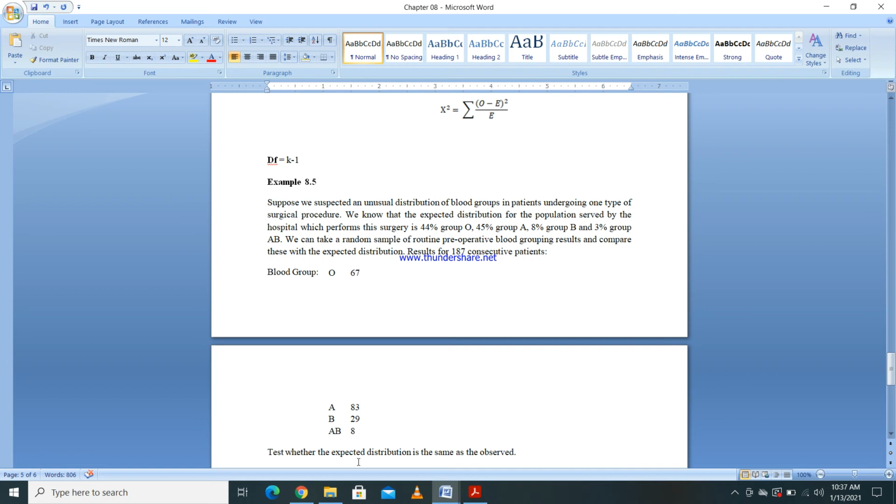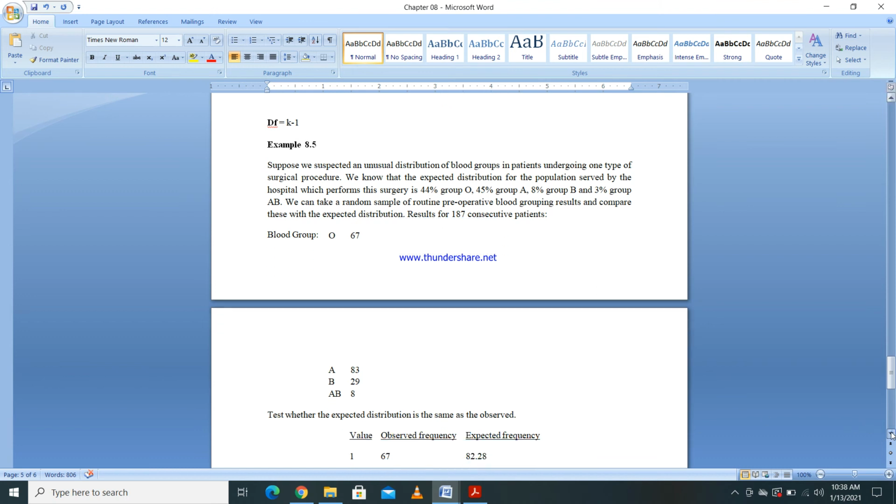Okay, so you have to test whether the expected distribution is the same as the observed, right? So how do you do that? Just assume these are also using the percentages.